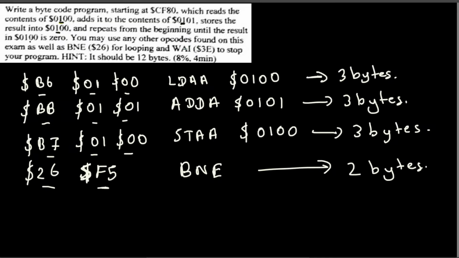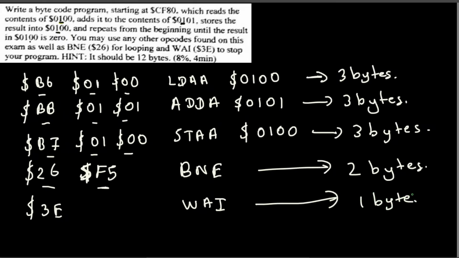And the last one is WAI, that's wait forever. For this one, the opcode is already provided here, that's 3E. WAI only takes 1 byte, it doesn't have anything else. So totally we are deriving 12 bytes, and this is the code.